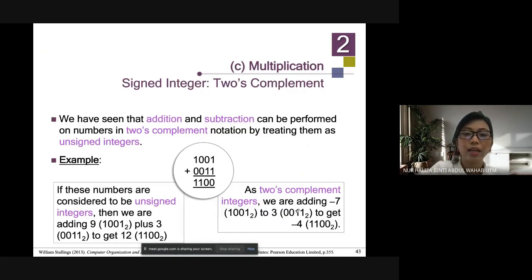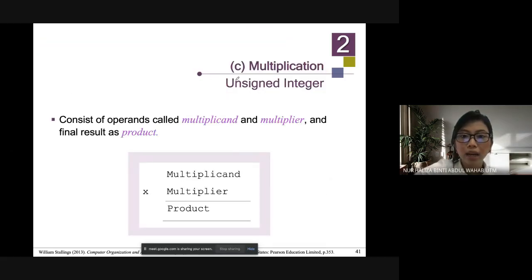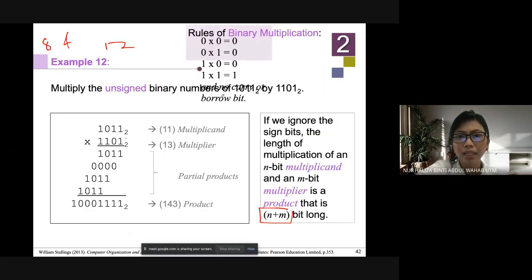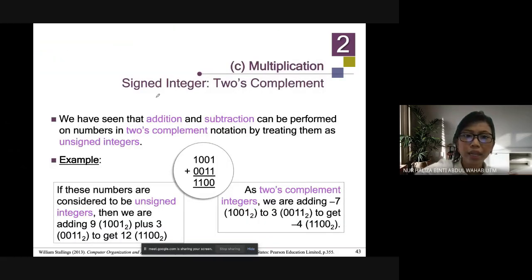So then, tadi tu you buat unsigned integer. So bila you masuk dalam signed integer, normally signed integer ni dia akan confuse sikit. So that's why under signed integer, you akan kena guna second complement or two's complement. Dekat sini you kena pakai two's complement.